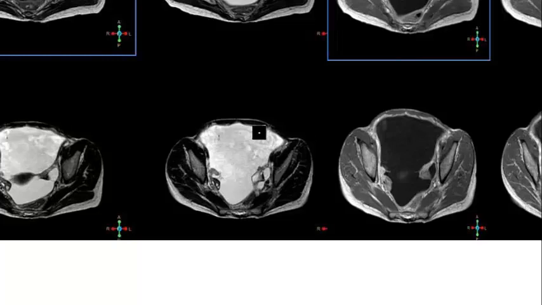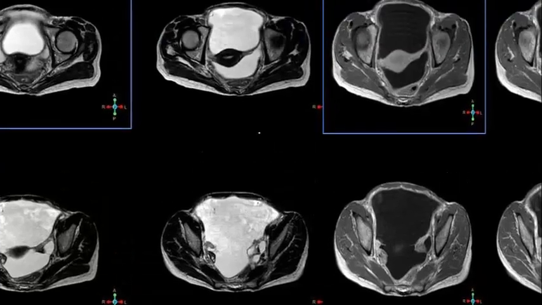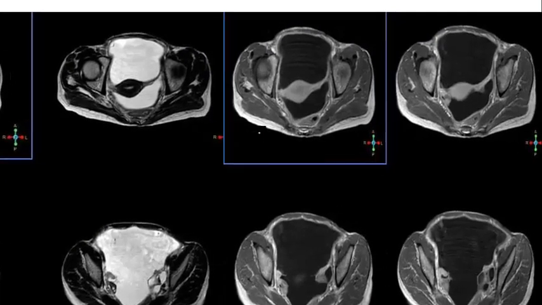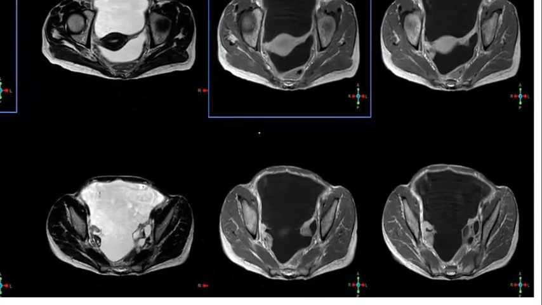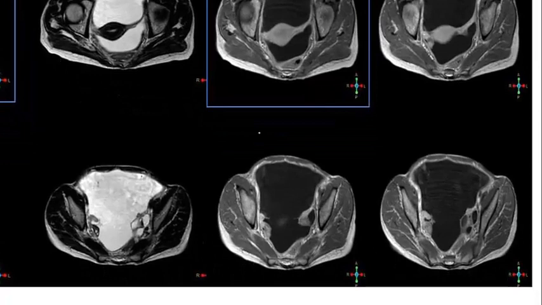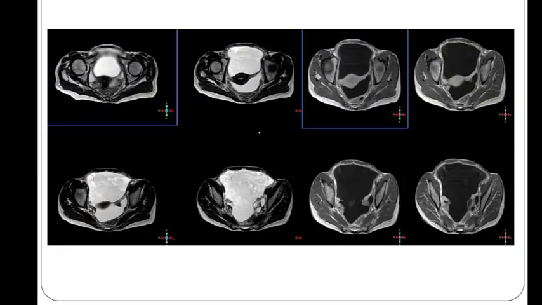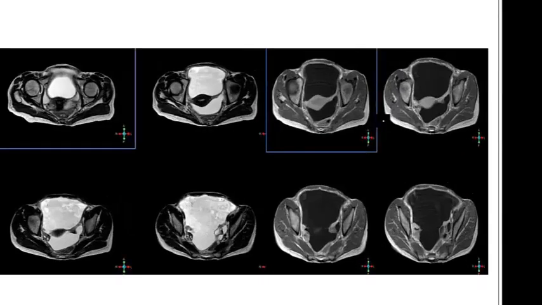Bulky ovaries with a solid component, and they are adherent to the pelvis here. They take enhancement, but there is no full-blown picture of Krukenberg tumor.